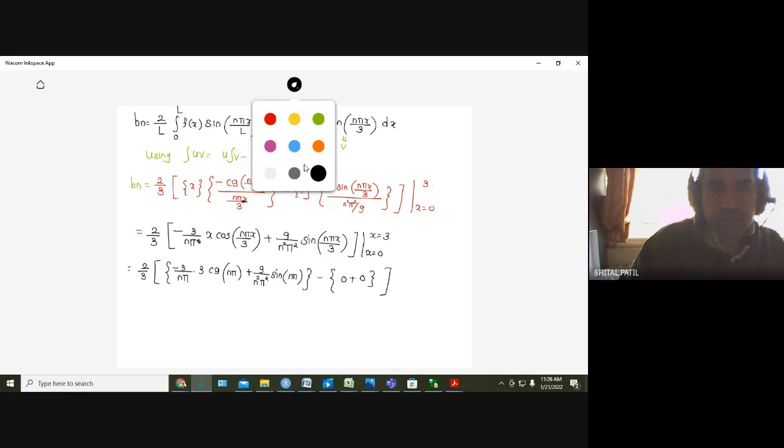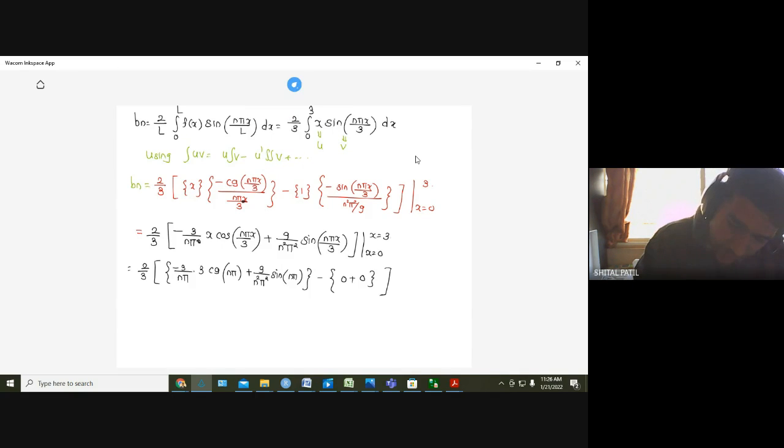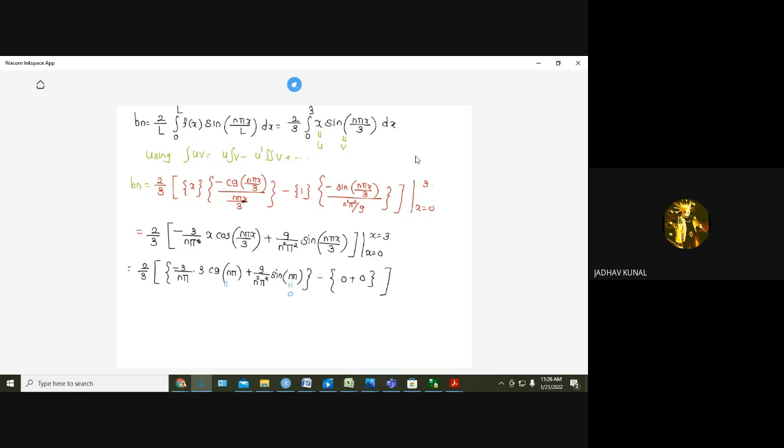Then we know this very well: sin of n pi equal to 0, and cos of n pi equal to minus 1 raised to n.